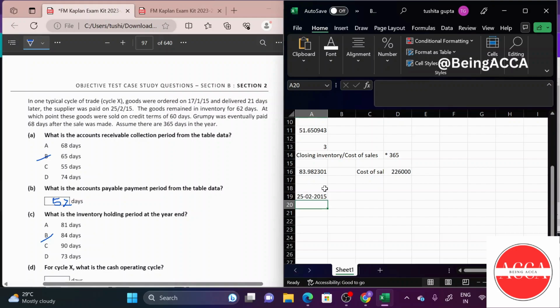The goods remained in inventory for 62 days, and these were delivered 21 days after the order, on 7th February.